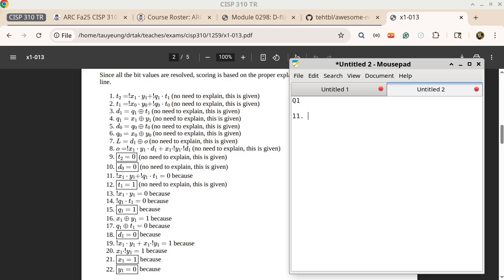All right, so part 11 says the negation of x1 and y1, or the negation of q1 and t1, needs to be a zero. So the first thing is to recognize what this is about. You can tell from here it is just T2. You can recognize it too.